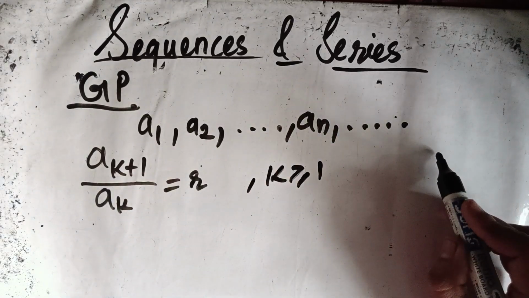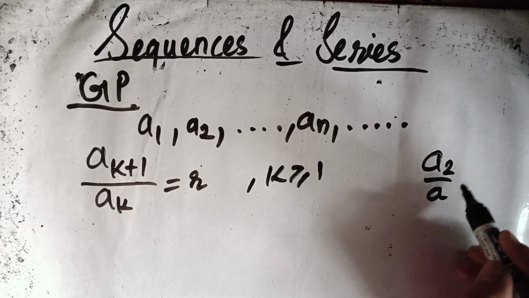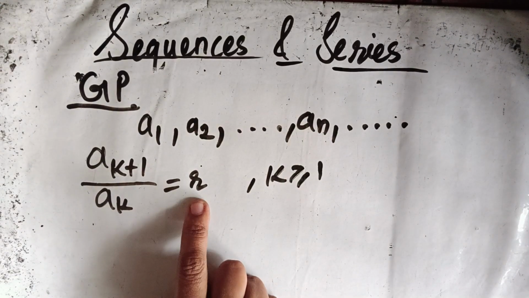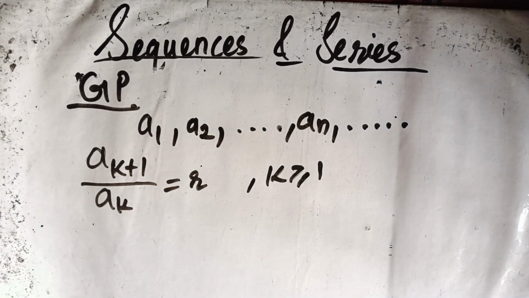That is, we have to take the ratio of the terms, that is A2 upon A1. So this is called a common ratio, like we had in AP, common difference. Here we have a common ratio. So that should be same.